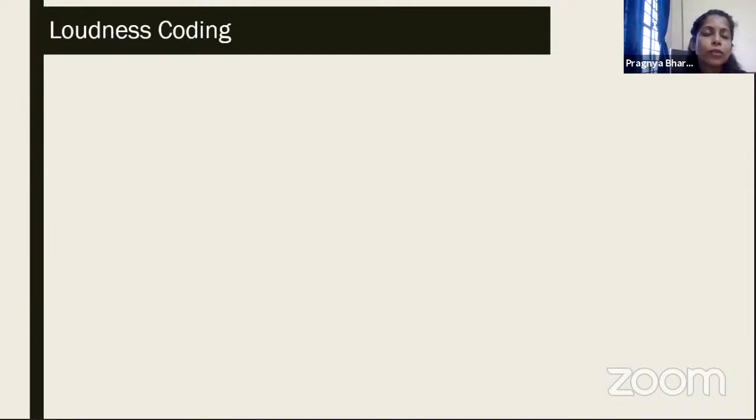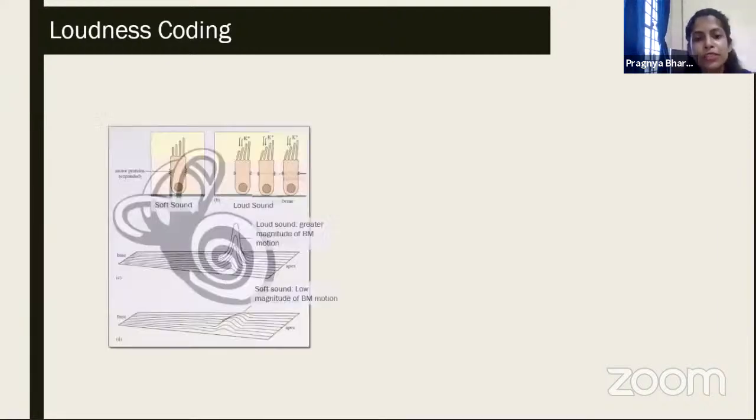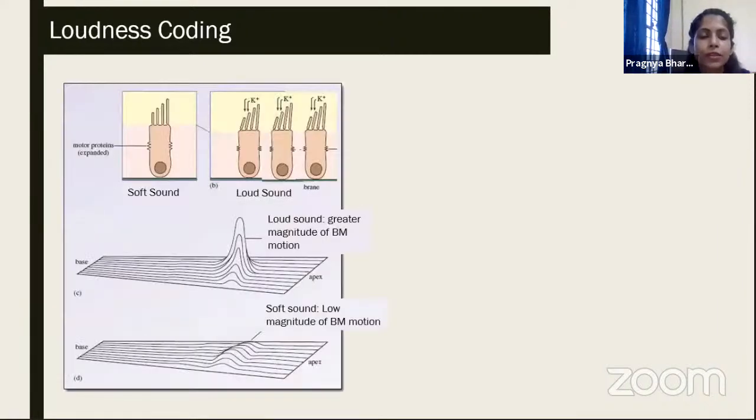Now, let's talk about how our normal cochlea codes these characteristics. Loudness coding in our cochlea, as we all know, depends mainly on the magnitude of the basilar membrane vibration or displacement. For a softer sound, the magnitude of displacement is usually smaller, so it stimulates a smaller number of hair cells and therefore a smaller number of neurons.